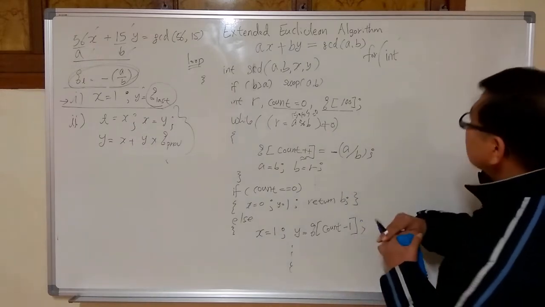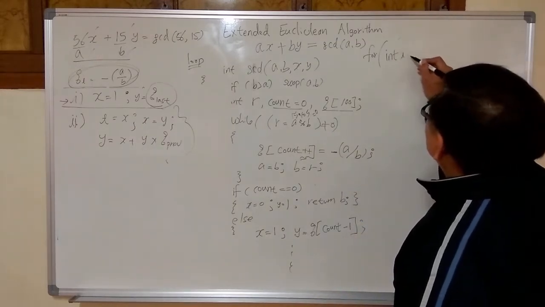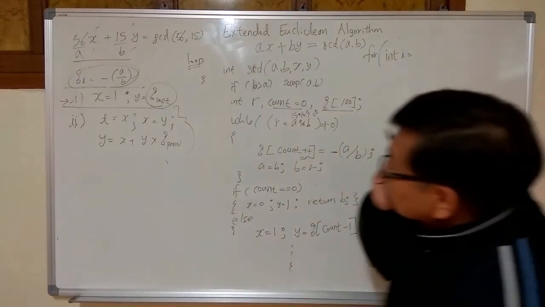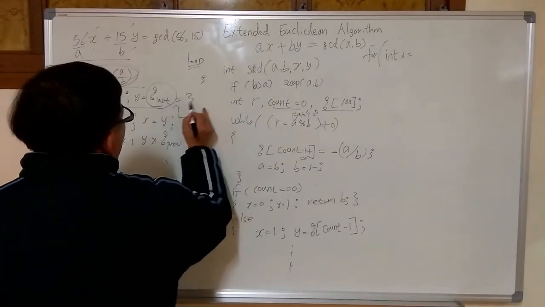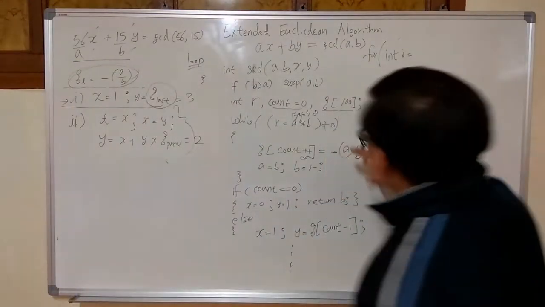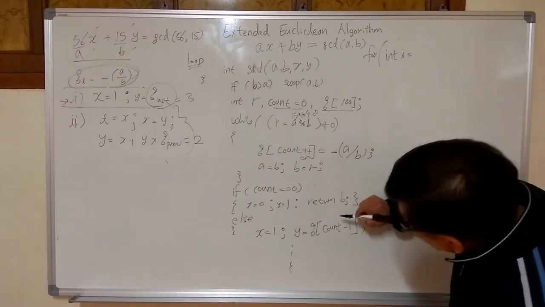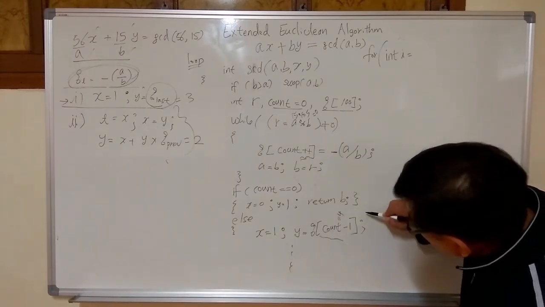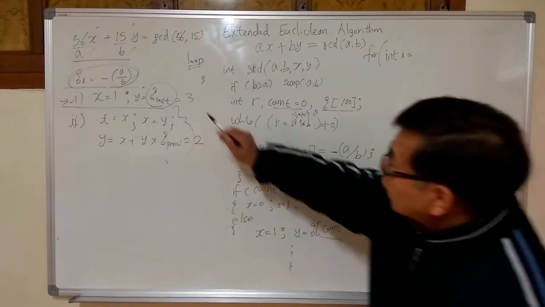Okay, so int i will be it. If it is 3, for example, when in our example it was 3, it was 2. At this point, count becomes 4. So 4 minus 1 becomes 3, this is Q3, the last element.